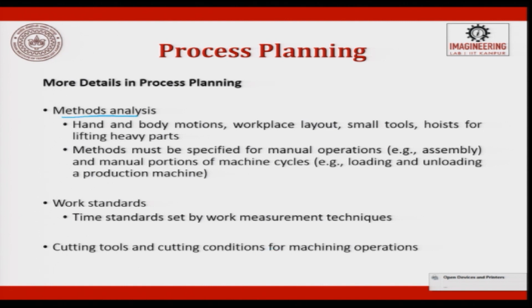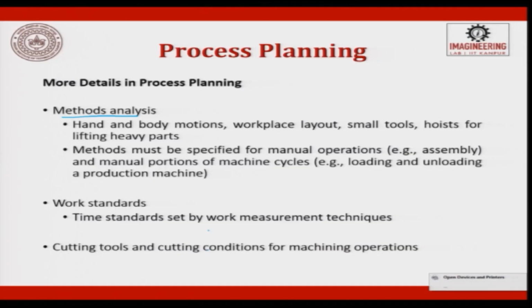While processing in a machine, what are all the speeds, feeds, depth of cut and what should be the motion given by the operator in converting a raw material into a finished product. So, method analysis such as hand and body motion, because in a factory we are not going to produce 1 piece or 2 pieces, maybe hundreds or 1000 pieces. When it is hundreds and 1000 pieces, every time an operator has to bend, load, unload, which is a tough job.